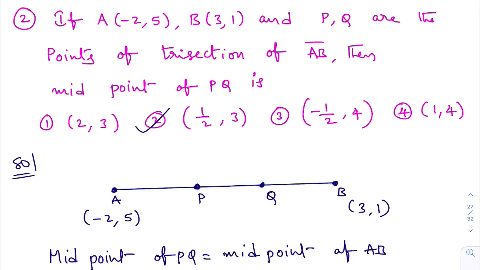Here they are saying P, Q are the points of trisection of AB. Then what are they asking? The midpoint of PQ. As P and Q divide AB into 3 equal parts, all 3 parts are equal.